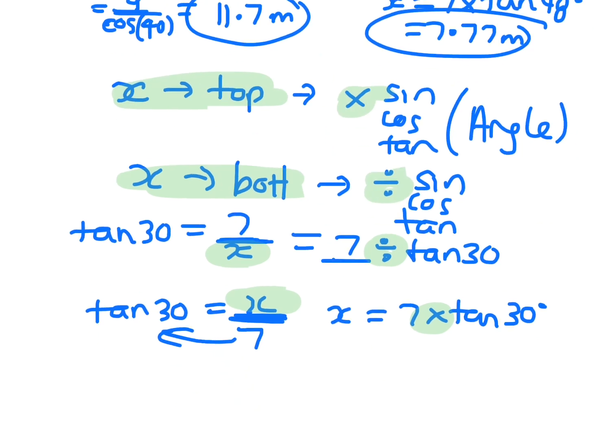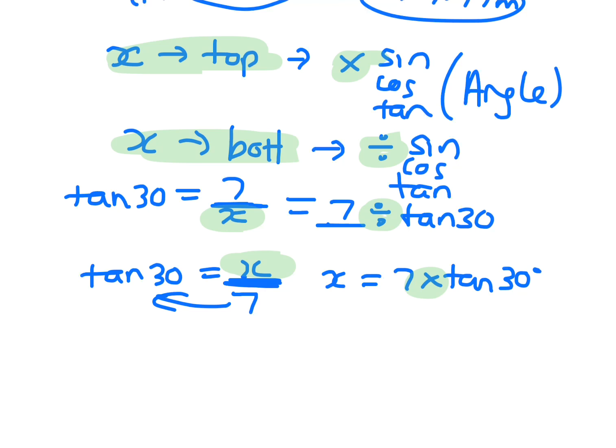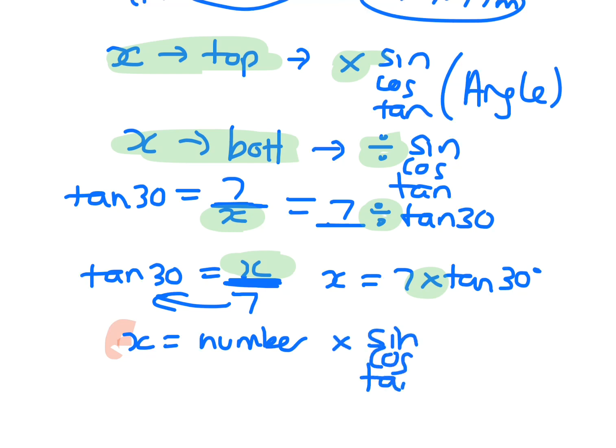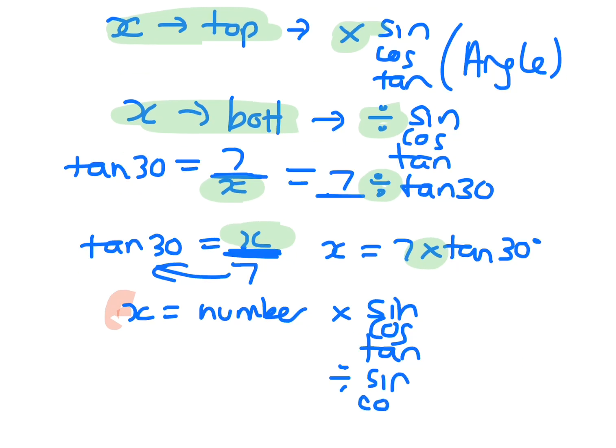And when you're setting it up, it's the first step, but then you always write the number, and then you go either times sine, cos, or tan, or divided by sine, cos, or tan, just depending on whether X is on the top or X is on the bottom.